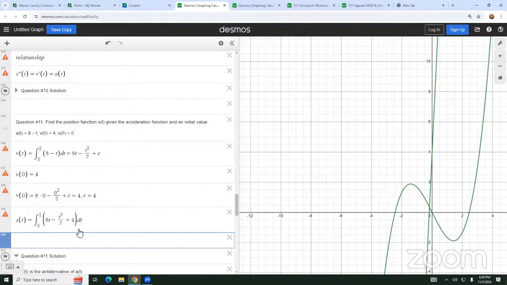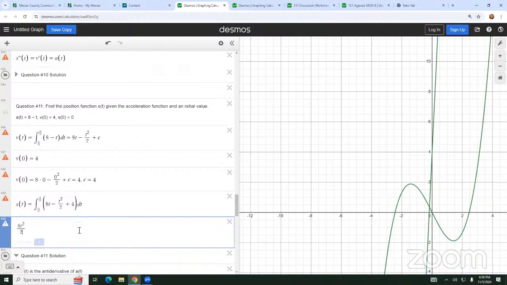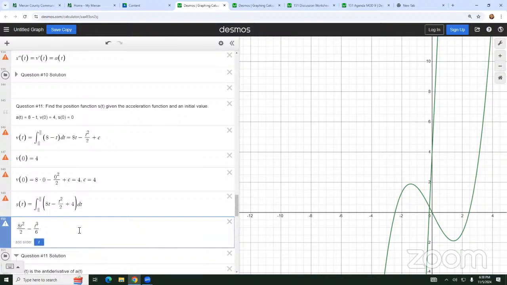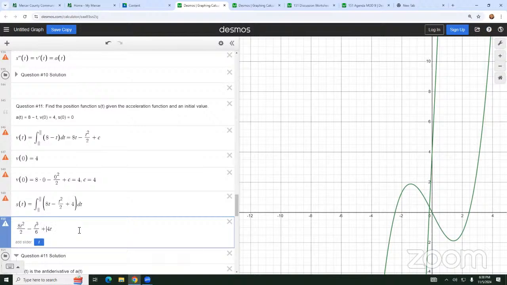So it'll be something like 8t squared over 2 minus t cubed divided by 3, but there's a 2 down there, so 3 times 2 is 6, plus 4. Okay. All right. That's it.